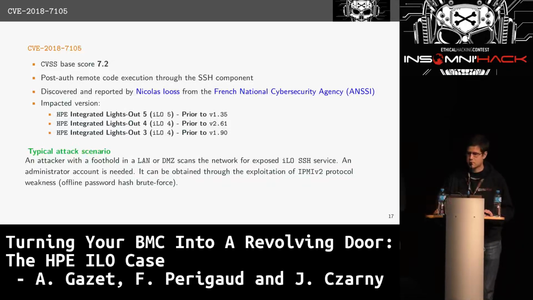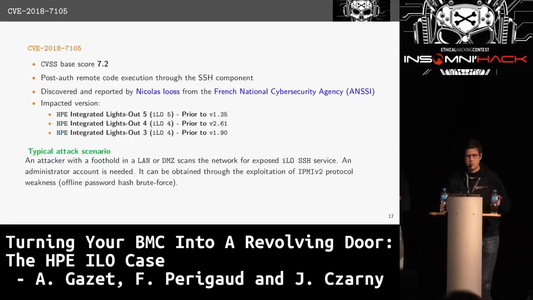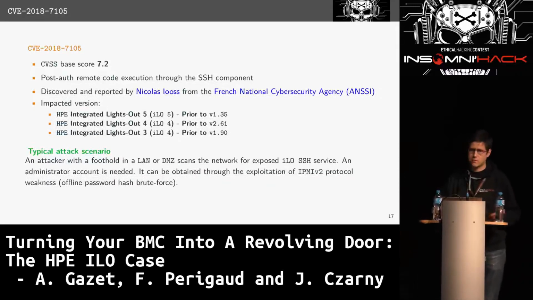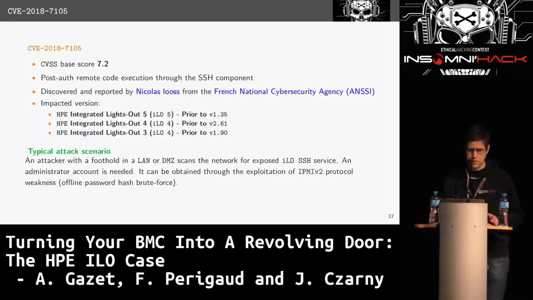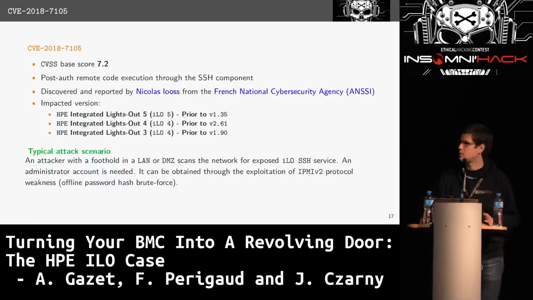It's Nikolaos from the French National Security Agency. This time it's a post-authentication vulnerability, but as soon as you get credentials on the iLO, you can connect to the SSH and use this vulnerability to do exactly the same as we did earlier. This is a format string vulnerability, so format strings are still a thing today.